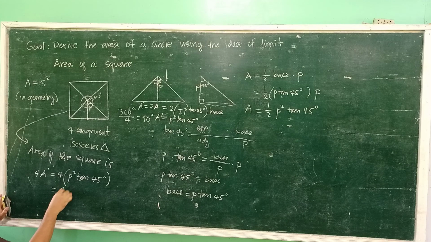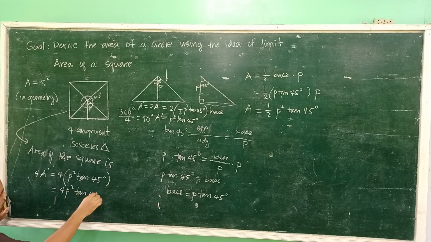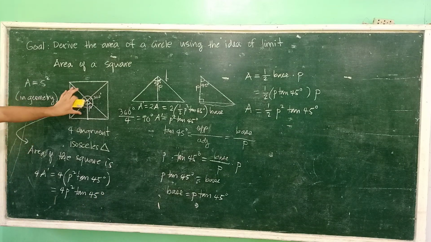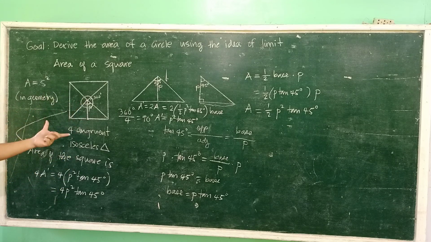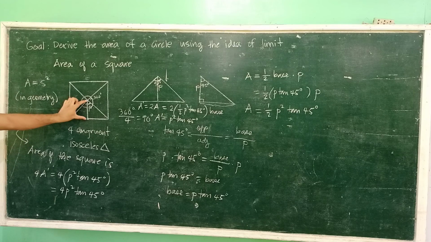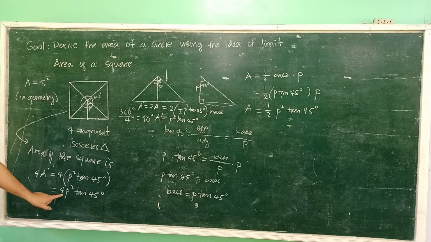So it's just 4P squared tangent 45 degrees. That's the area of the square given the measurement of P. Whenever you are given the apothem P, you can always solve for the area of the whole square. You can just use the equation 4P squared tangent 45.